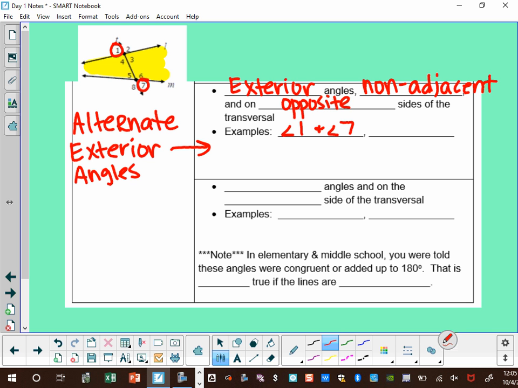No, hold on. 8, because we're looking at the exterior, right? We already colored in my interior, so I need exterior. So my choices are either 1, 2, 8, or 7. So it's 8. So angle 2 and angle 8.